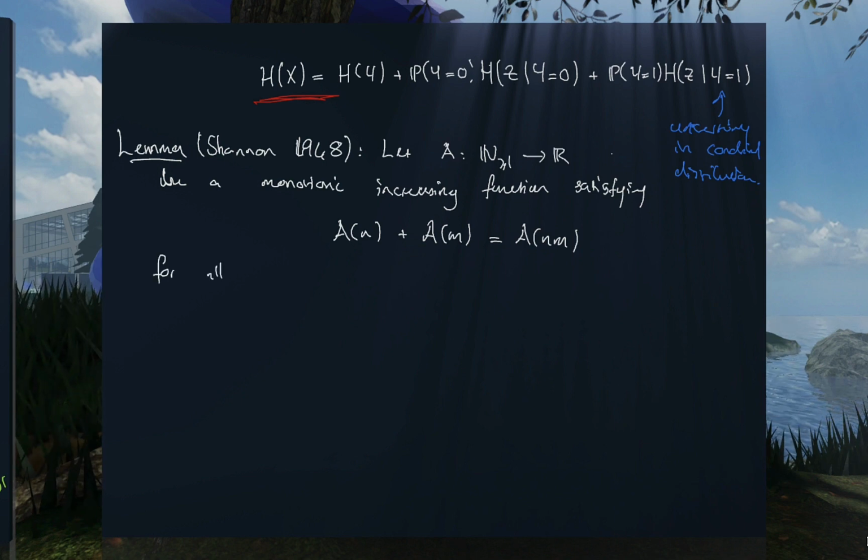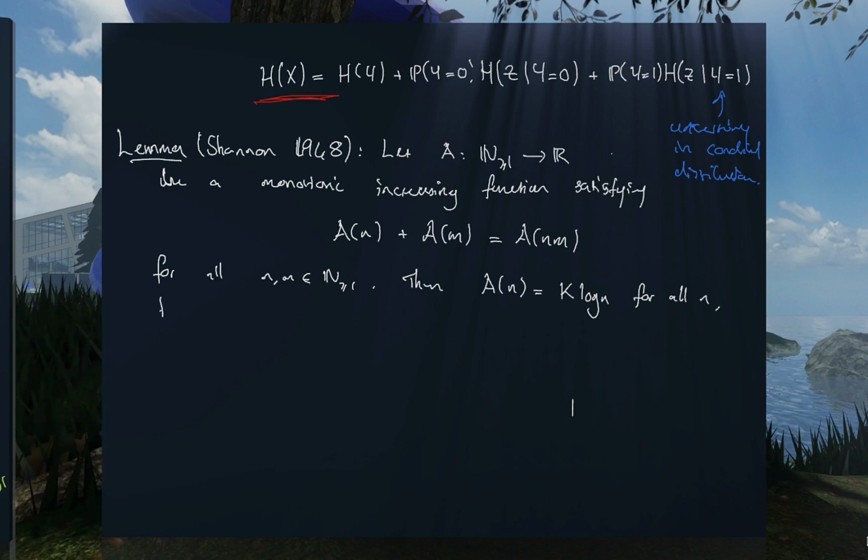For all natural numbers, then it's necessarily the case that A of n is equal to k times log n for all n, where k is some fixed positive constant.